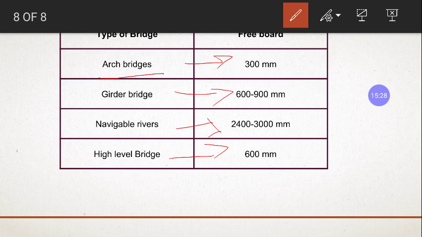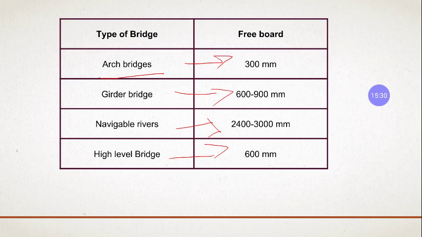These are some of the freeboards that we use in actual scenarios. So this is all about today's class. We studied the different terms that we are going to use in bridge engineering.